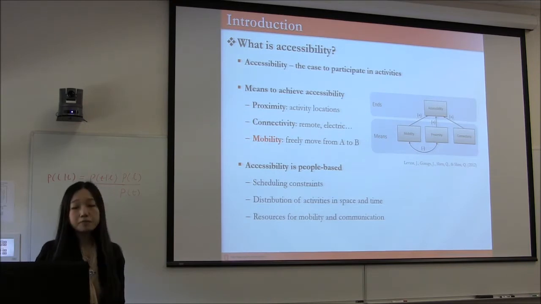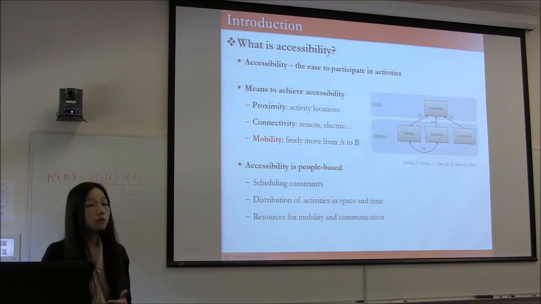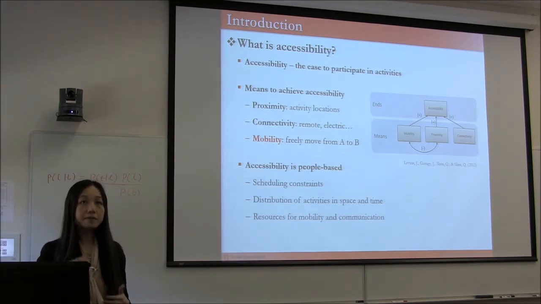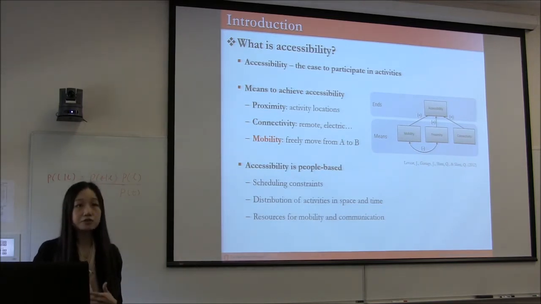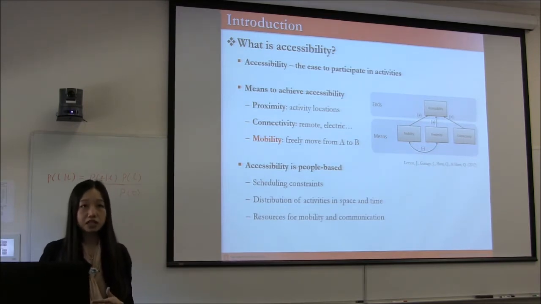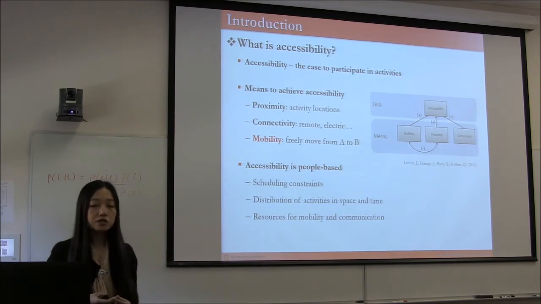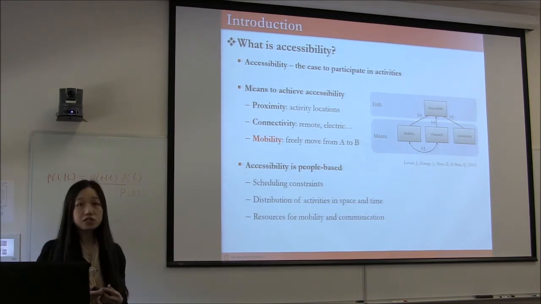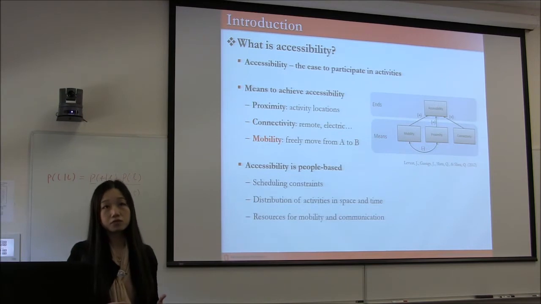Accessibility is people-based. It is people-based because the individual's socioeconomic background and household status are going to determine their daily schedules, what they can do within the day, and what kinds of activities are within their daily schedule. Also, the distribution of activities and services in space and the available time for services is going to be unique for different individuals.